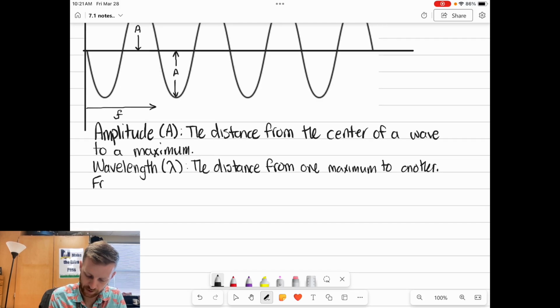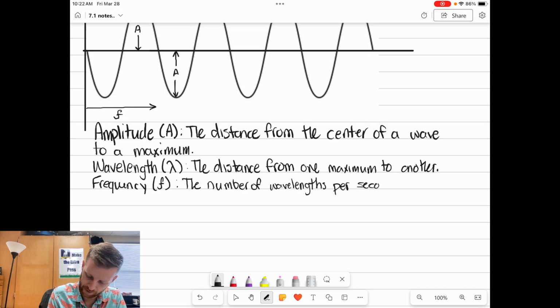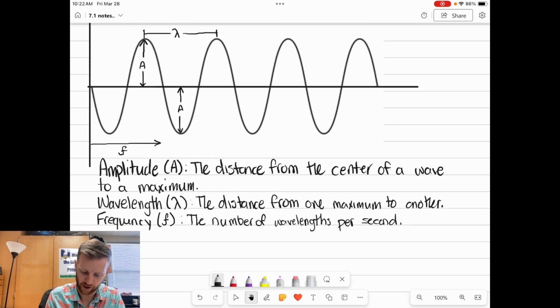And frequency, sorry, not E, but C, fancy F, is the number of wavelengths per second. How many waves per second are crossing a threshold?